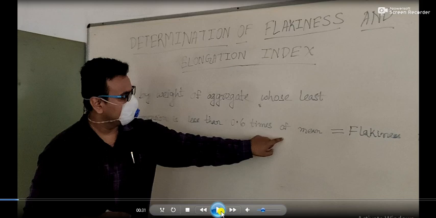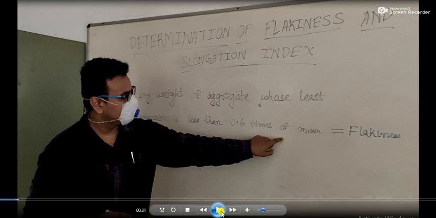Obviously a small amount of aggregates will be there where the least dimension of those aggregates, obviously the thickness is the least dimension, is less than 0.6 times of the mean value. That mean value will depend upon the different kinds of aggregates.